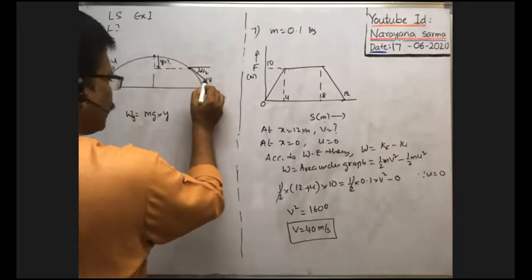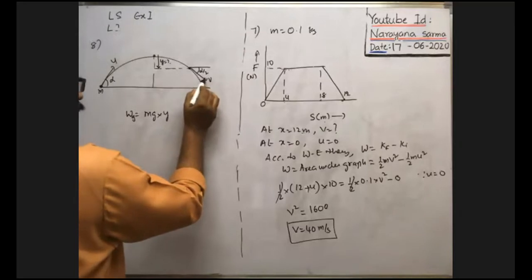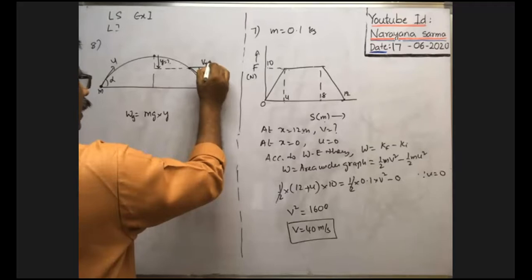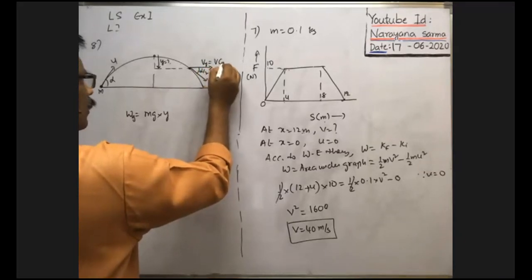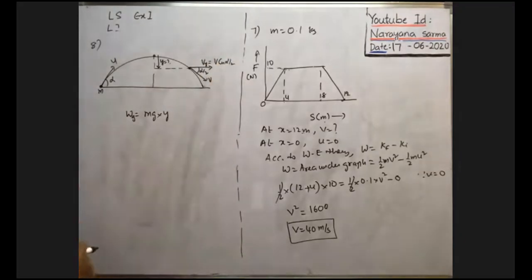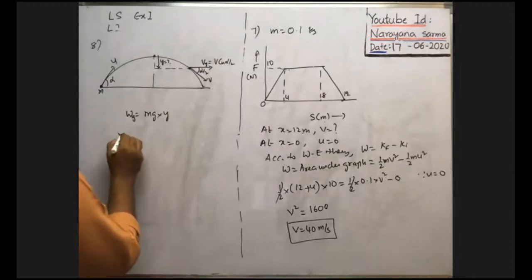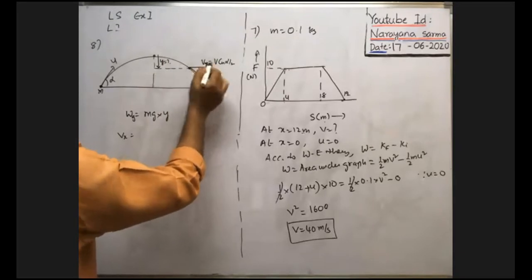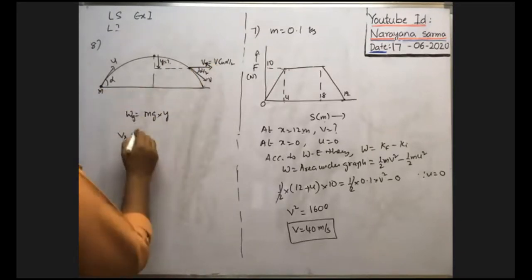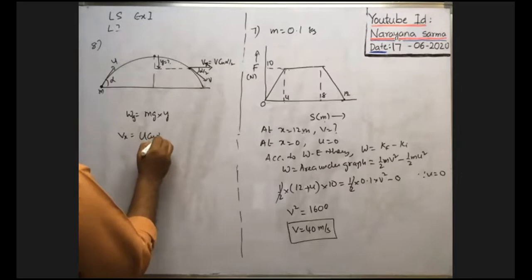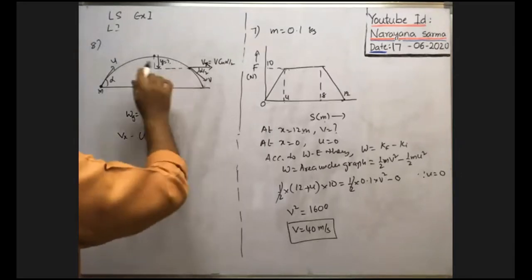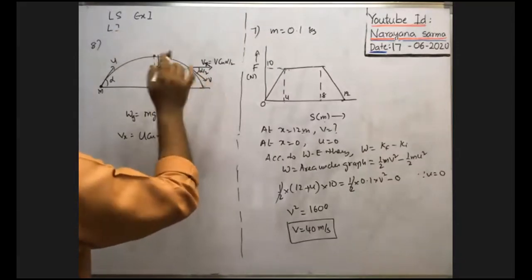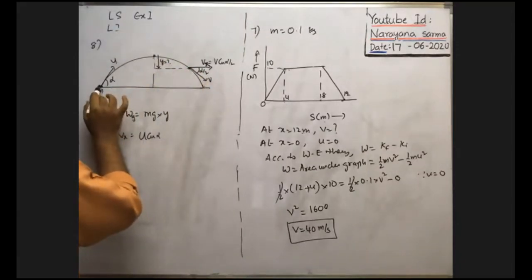Here, whenever the velocity at this point is equal to v, then its component along the x-axis is equal to v cos alpha by 2. But the x component of velocity is always equal to the initial velocity along the x-axis, u cos alpha. The velocity of an oblique projectile along the x-axis at any instant before it reaches the ground is the same as the x component of velocity at the point of projection.